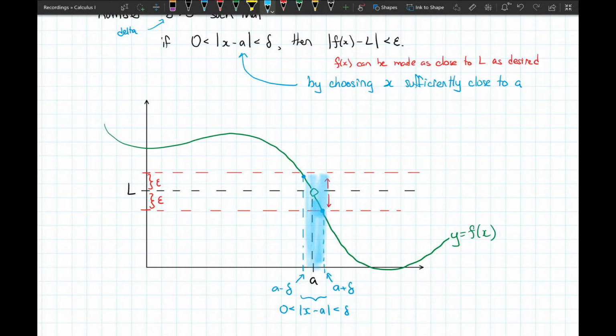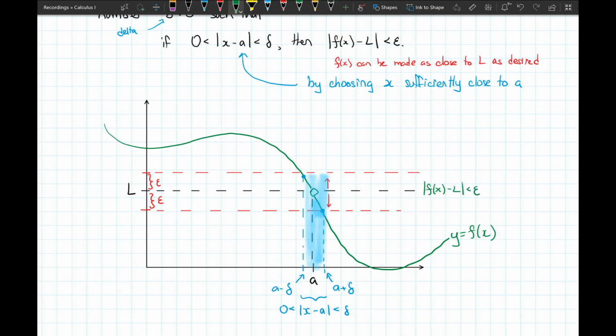So long as we only pick values of the function that are in the shaded area, you can see that f of x is definitely somewhere in between L plus epsilon and L minus epsilon. Therefore, the distance between f of x and L is less than epsilon.